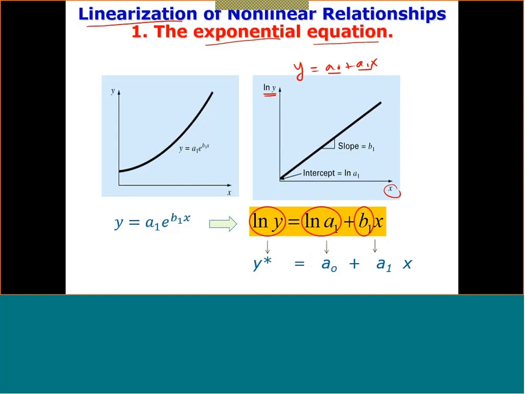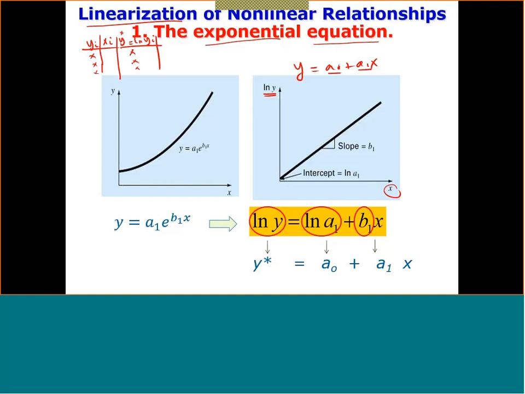So I forget about the original equation completely now, and I go and solve for this. If my data was given as yi and xi, then instead of yi I will have y star, which is equal to ln yi. So I take the ln of all the data points here and put them here.